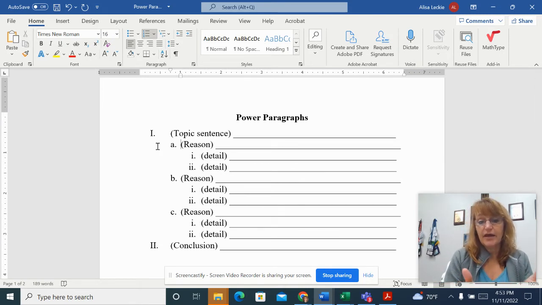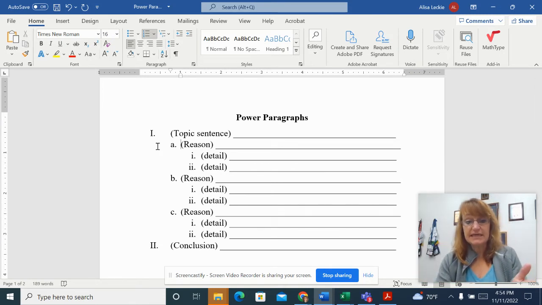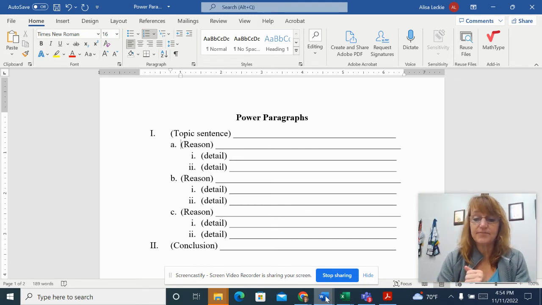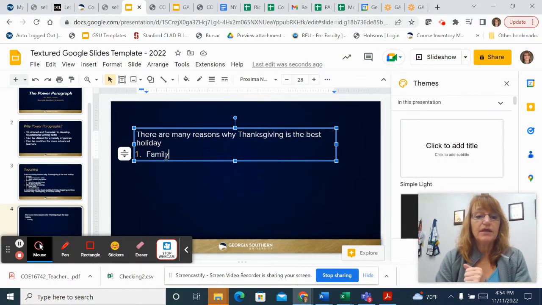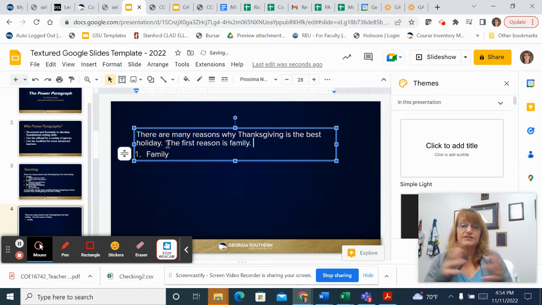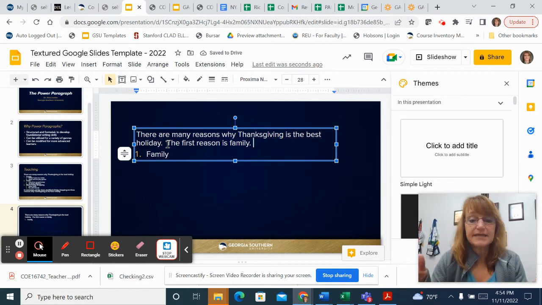So I have right now, the first reason is, right, scaffolded right there. Go back to my PowerPoint. So right now I can put here, the first reason is family. Now, for my students who are struggling, that's perfect.